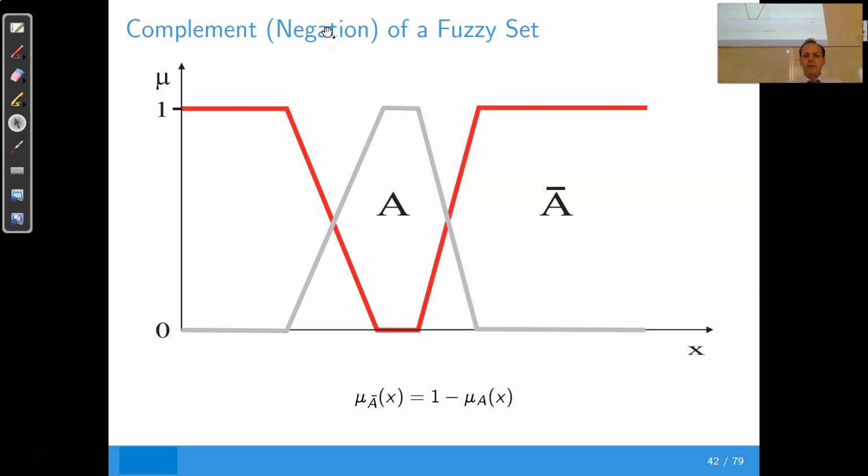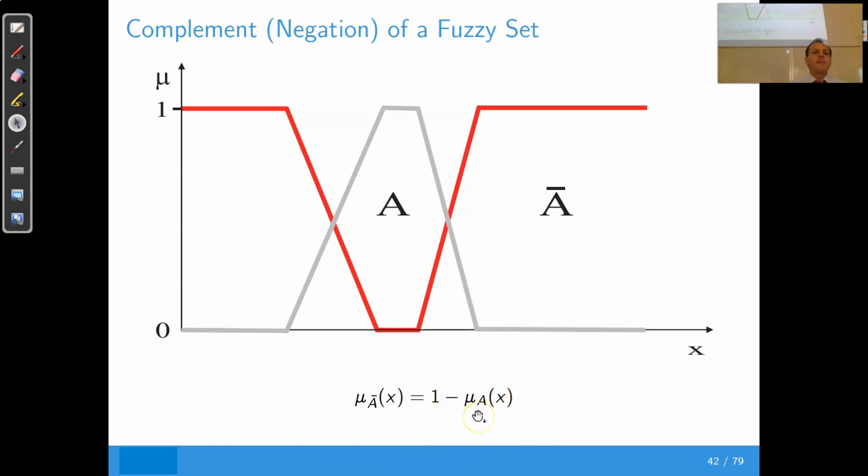In this slide we saw the negation, what we also call the complement of a fuzzy set. If the fuzzy set is this one in gray, its complement is very easy to understand from a mathematical point of view.